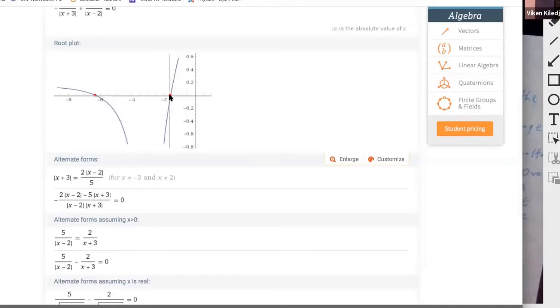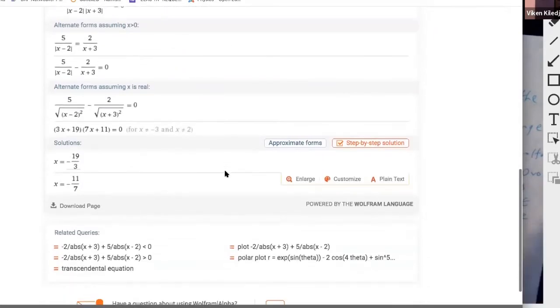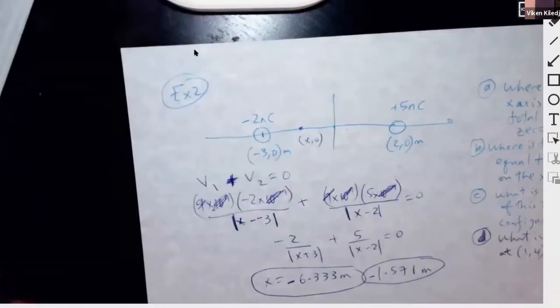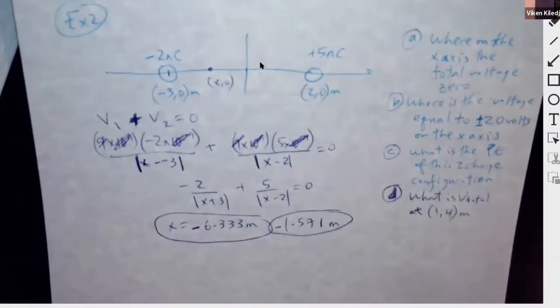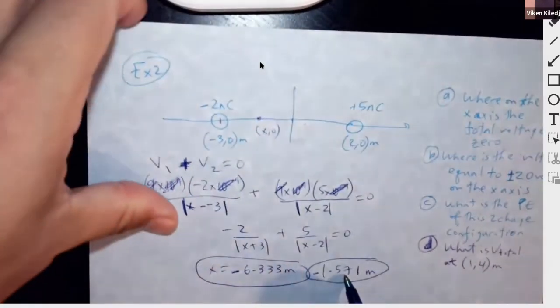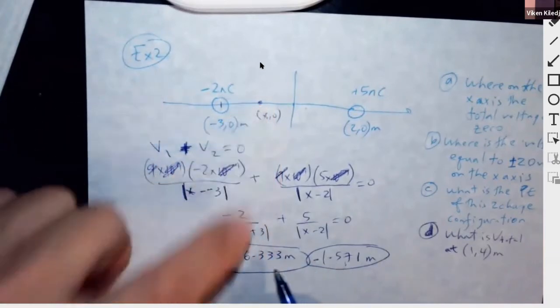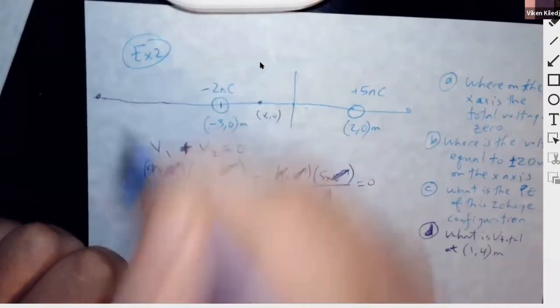It's not telling us the coordinates here. Oh, okay. So negative 19 thirds, that's going to be negative. So there's one here. Let's see if this is negative 1.57. That means it would be around here, right? Okay. And a 6 would be way over there on the left side.